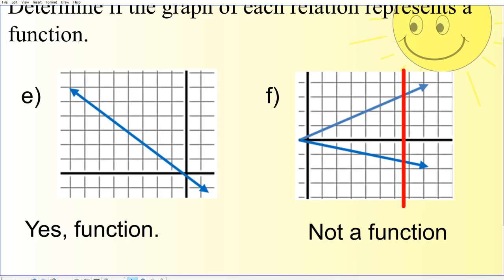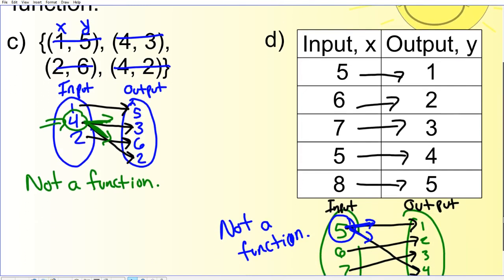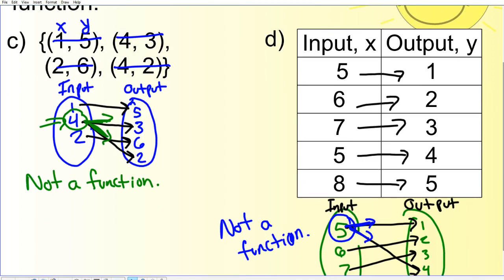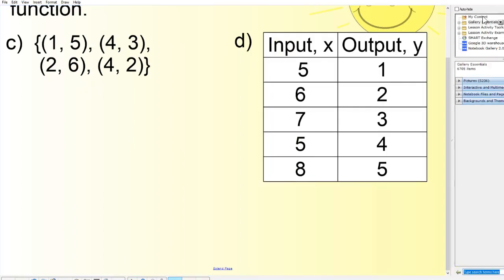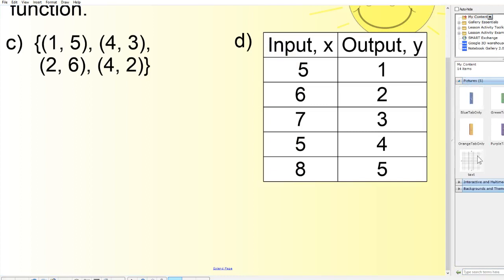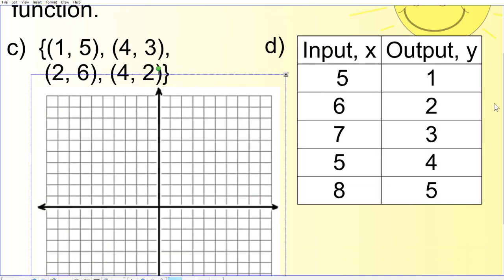Now, before we go ahead, I wanted to show you something. Back in these early examples when we were looking at these tables, if I would take these points and graph them, let me see, do I have a graph here?